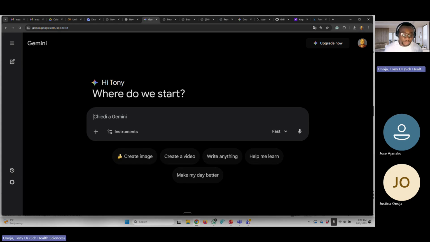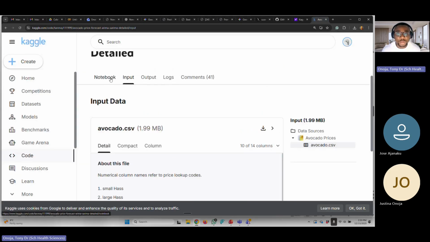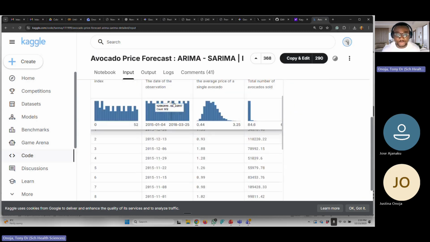Before then, we need to say, I am going to be giving you a data set on avocado sales. It is a time series data set. Now, going back to the data, we will look at the description.